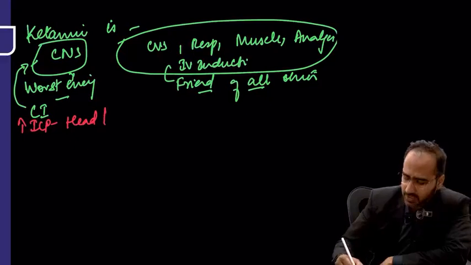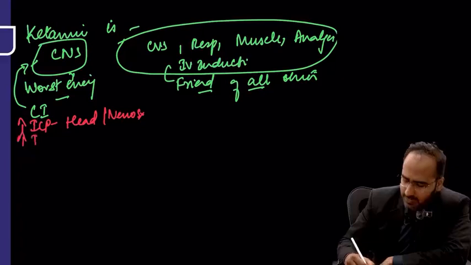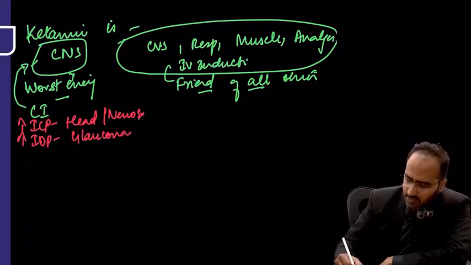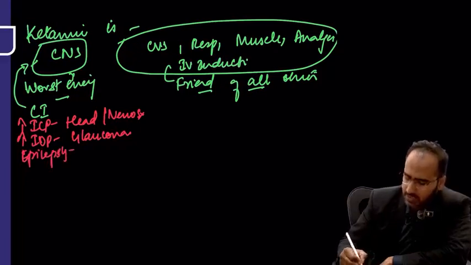hence contraindicated in head injury and neurosurgery. Ketamine not only increases ICP, it also increases IOP, hence contraindicated in glaucoma. Ketamine causes epilepsy, hence contraindicated in epileptic patients.